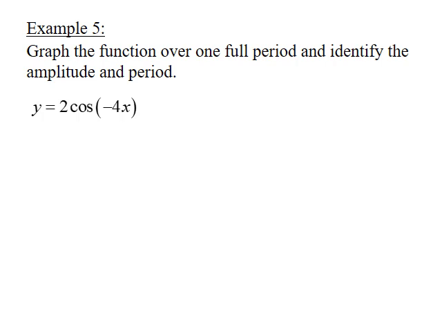Okay, so here it says graph this function over one full period and identify the amplitude and the period. When looking at this, the amplitude should be pretty straightforward. The amplitude is 2. Remember, to find the period, we take 2 pi divided by b, and in this case, b is 4.